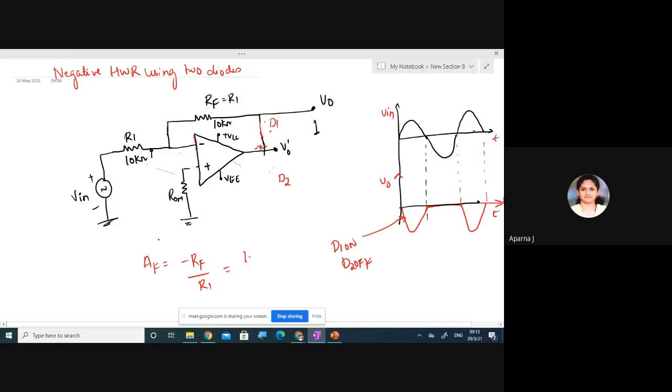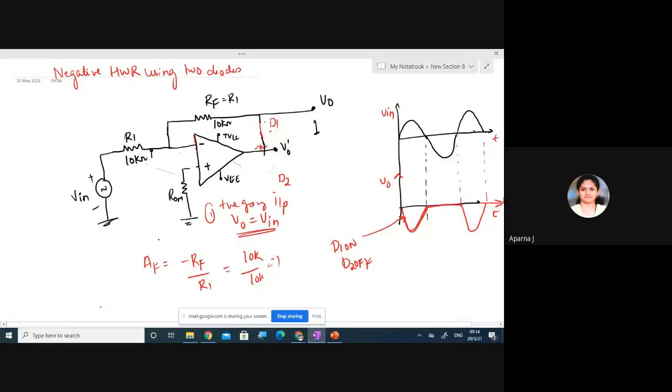Both are same, 10 kilo ohm, 10 kilo ohm. So gain is 1. So that means V naught will be equal to Vin in this case for the positive going input. And negative sign shows that the output is inverted. For positive going input, we are getting a negative going output.